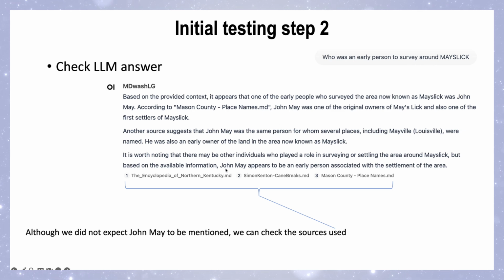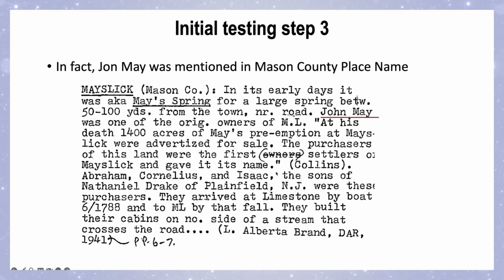And it came back and told me this, and it was a whole lot more than I expected. And I really didn't expect to see John May. But it tells me the sources, and when I look at the sources, I found out that the place names did say that John May was one of the original owners. And so it had a basis to answer my question that way.